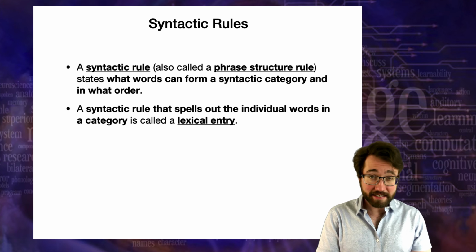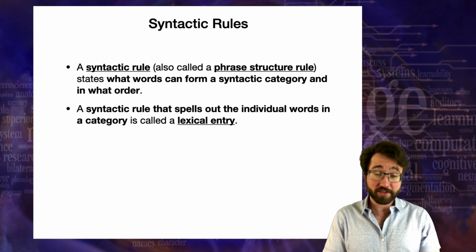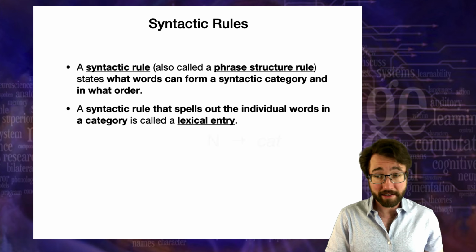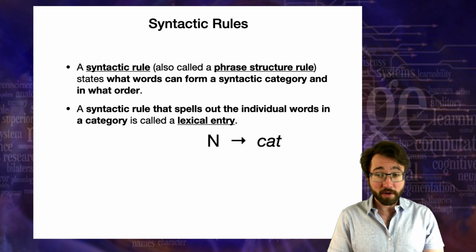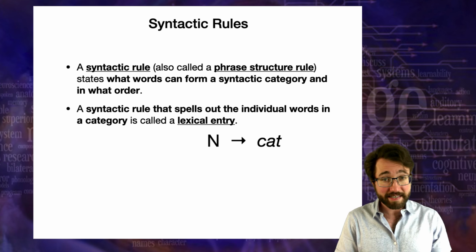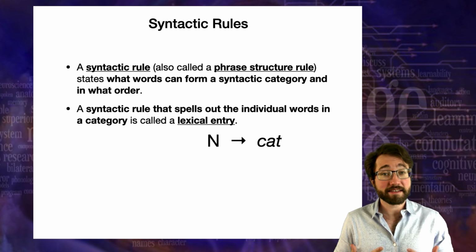And now a syntactic rule that spells out the individual words in a category is a special kind of syntactic rule, which is called a lexical entry. So for example, how would you read this syntactic rule? This says the category n can consist of cat. So the category noun can consist of the word cat.